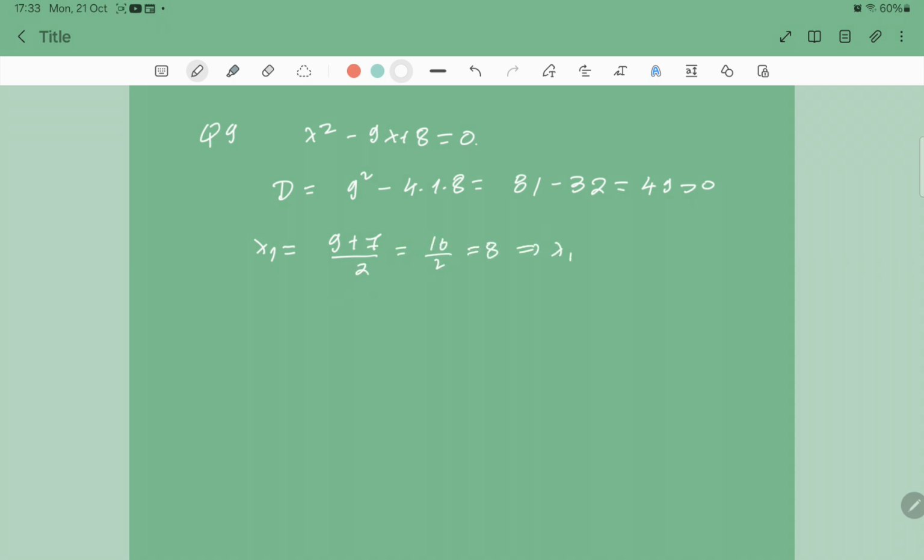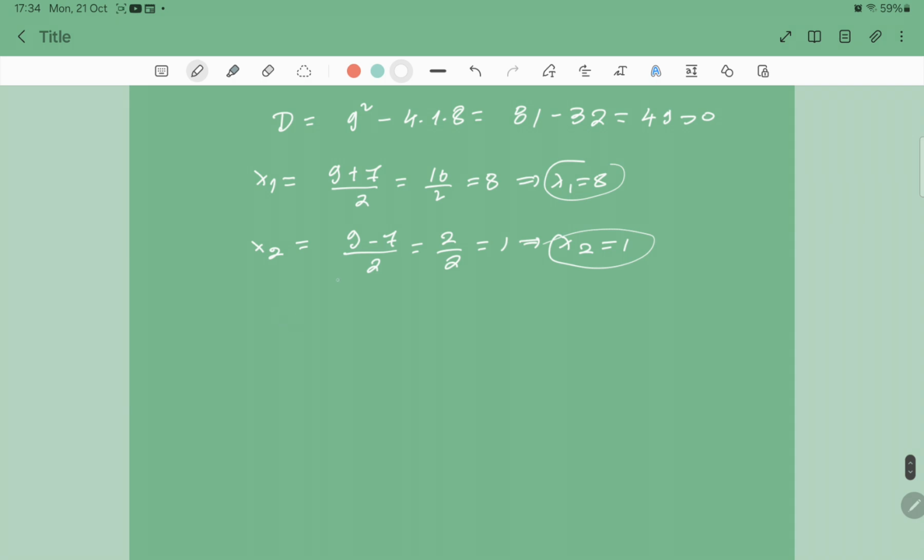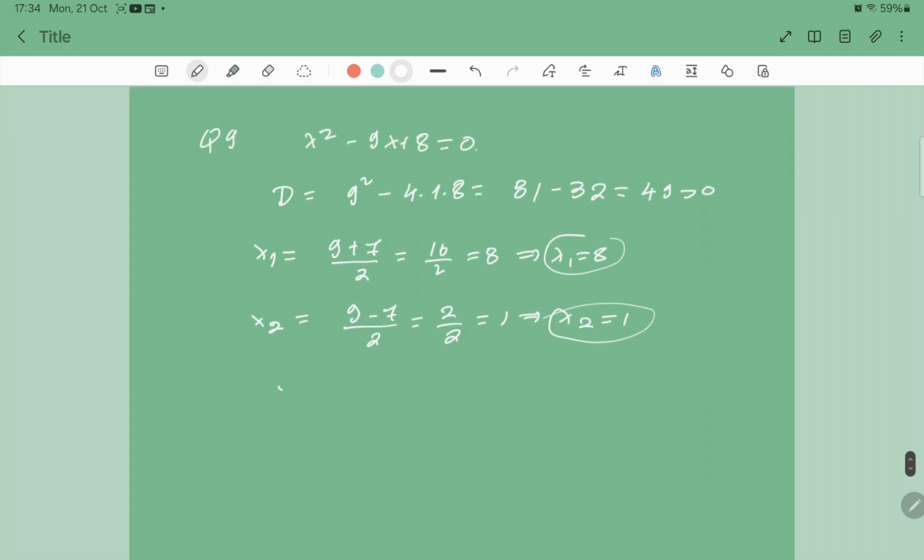My first root is equal to 8. x2 equals 9 take away 7, divided by 2. My x2 is equal to 1. So I can write this polynomial of degree 2, this trinomial, x squared minus 9x plus 8 equals x minus 8 times x minus 1.